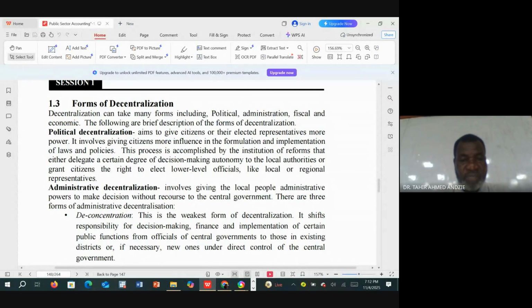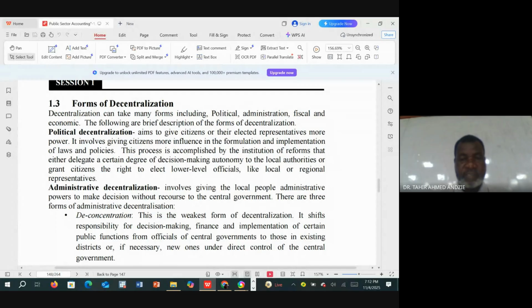It involves giving citizens more influence in the formulation and implementation of laws and policies. So the people in the local area and all their representatives are given the power to formulate and implement laws and policies.